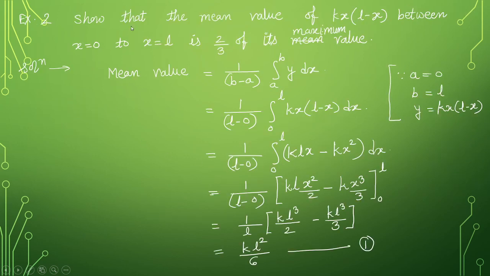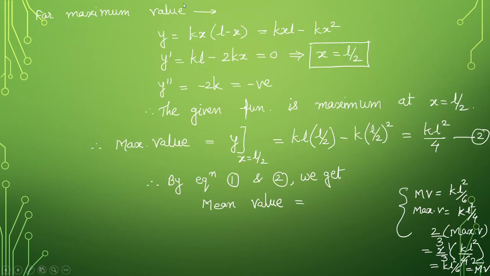Now show that the mean value of kx into L minus x between x equal to 0 and x equal to L is 2 by 3 of its maximum value. Here we have to find the mean value by using the formula. Now y is given, and x equal to 0 to x equal to L are the limits of integration. We substitute all these values, integrate the terms, which gives equation number 1. Now find the maximum value.